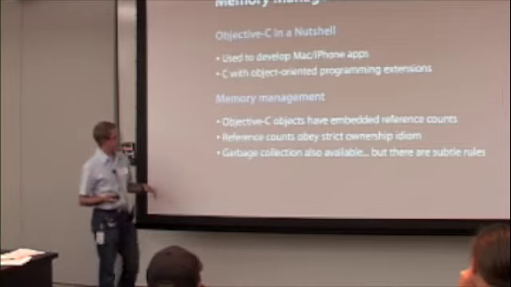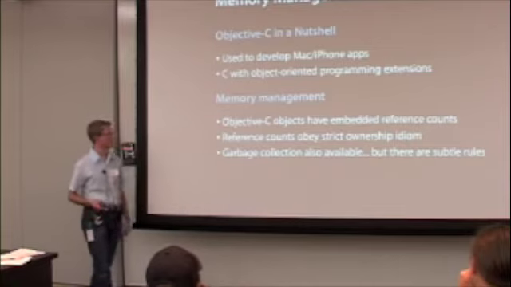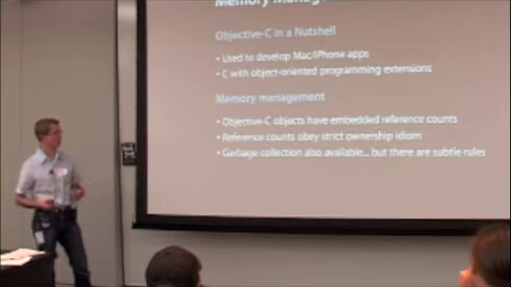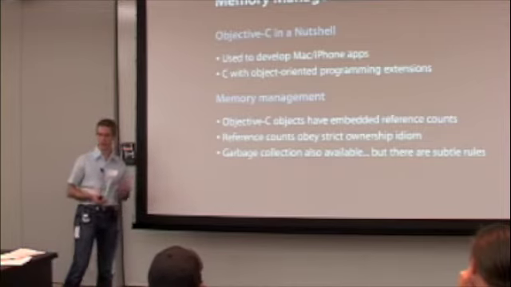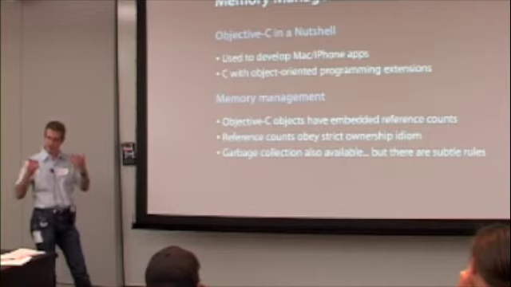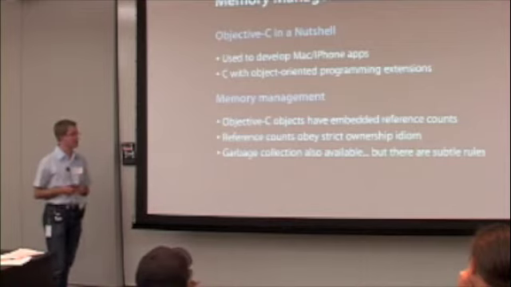The thing that matters here is that we have this kind of memory management model built into Objective-C where you have these reference counts that are embedded in objects, and by program design, you're supposed to use these counts in a certain way to guarantee an absence of leaks. This is something very systematic so that programmers can follow it and their code is leak-free. So naturally, this is something that we can check with static analysis.